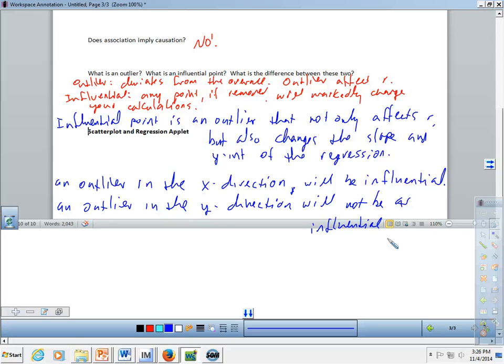An outlier in the x direction will be more influential than an outlier in the y direction. And it has to do with that sort of pulling on the line hinge kind of thing that we just talked about. Okay? All right.